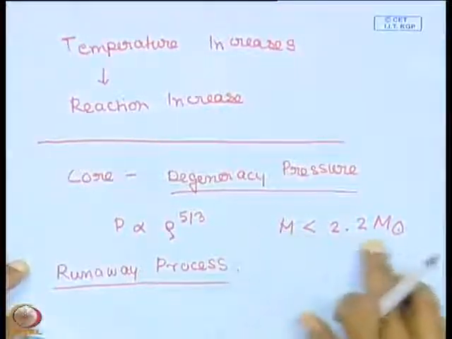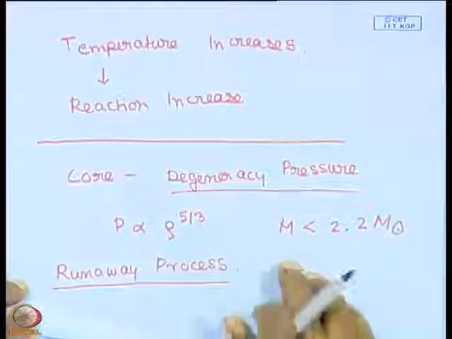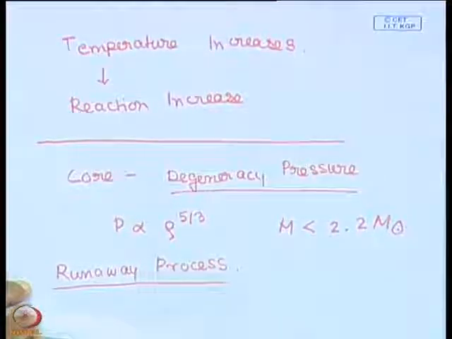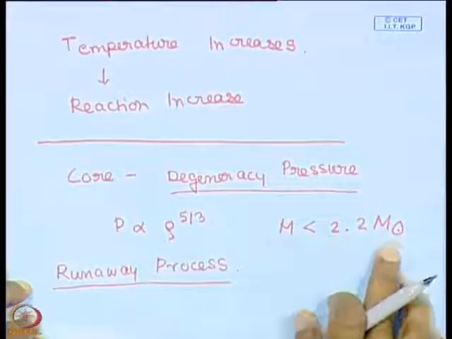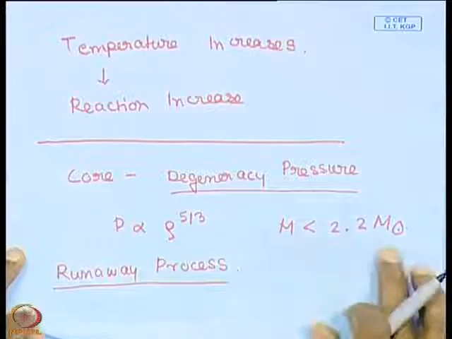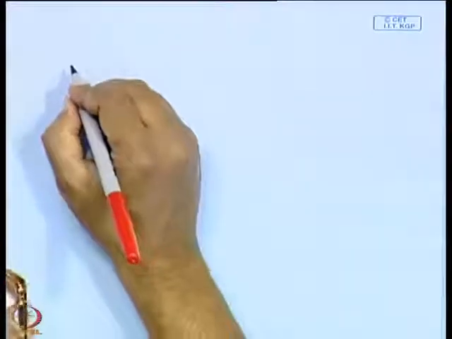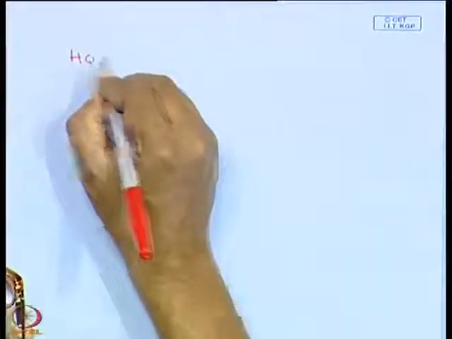For masses more than this you do not have the helium flash, masses less than this you have a helium flash. The reaction for masses less than this becomes runaway, and then it goes into an equilibrium state. For masses more than this you do not have that runaway state, it straight away goes into an equilibrium state, and the star goes into what is called a horizontal branch.